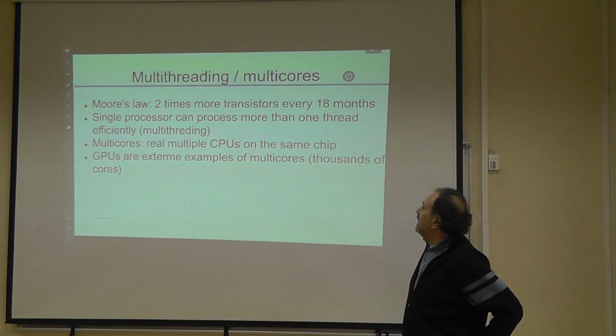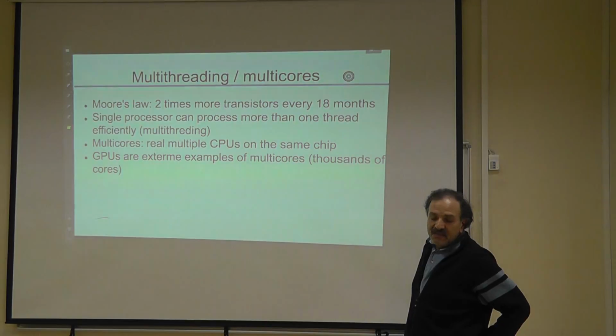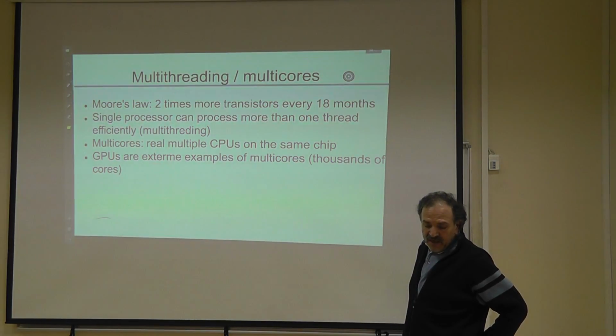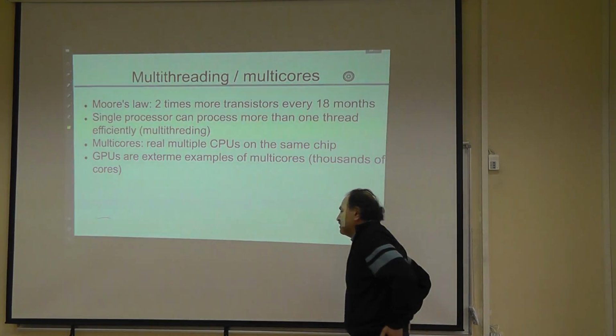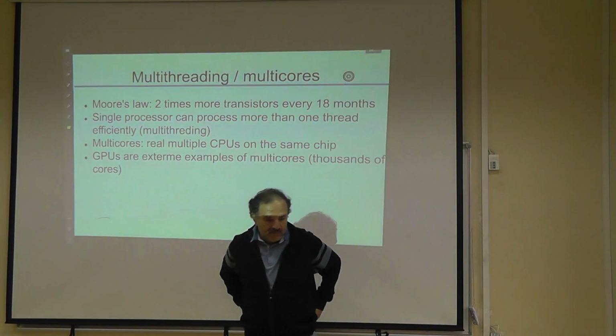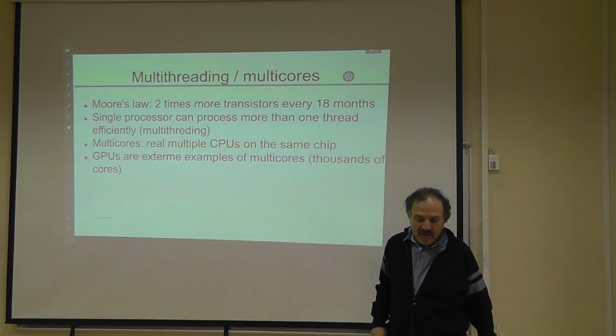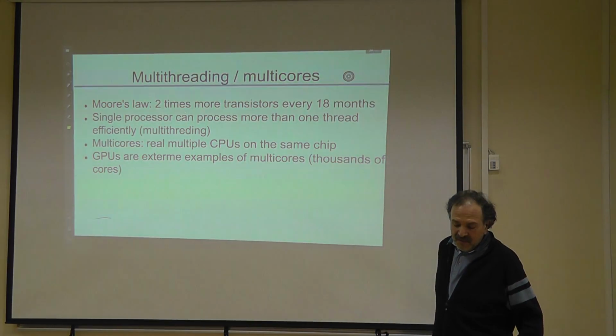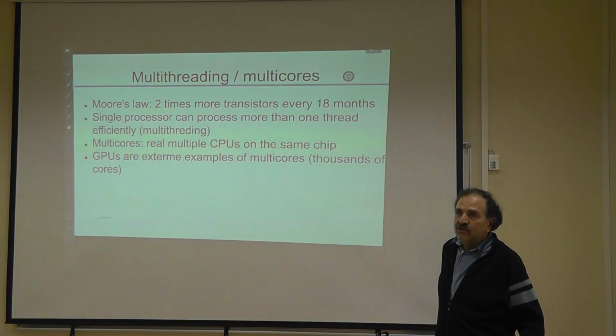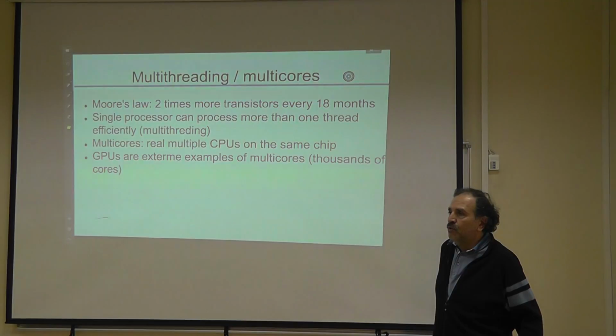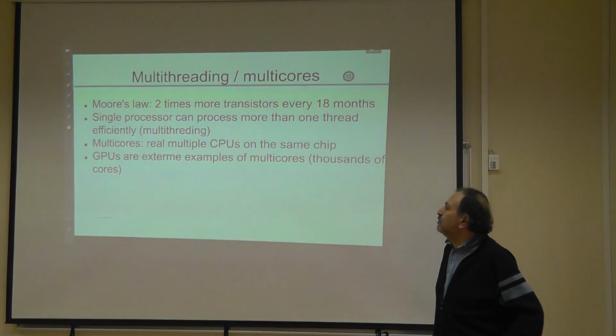At the beginning of the 1970s, he said that every 18 months we will have 2 times more transistors in a single chip. The technology is like that, the speeds are going to go up, and the prices will go down. He said that for $1,000 next year, you are going to buy a computer with a 2 times faster CPU or a 2 times more transistor CPU.